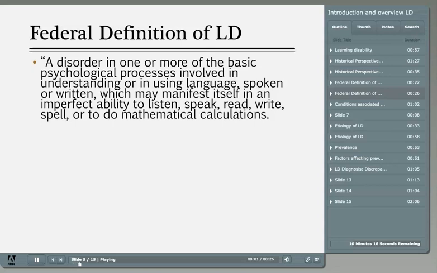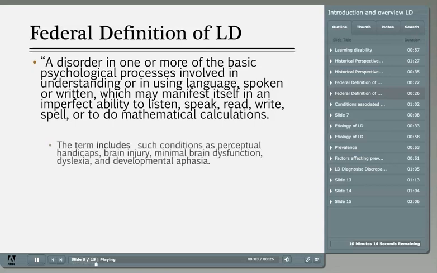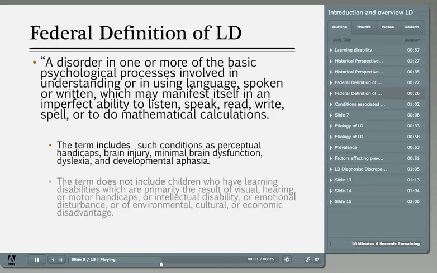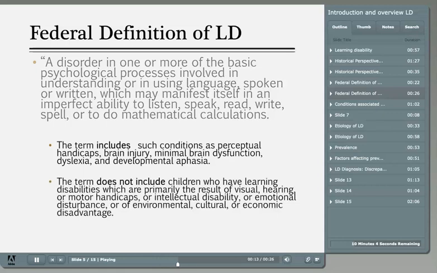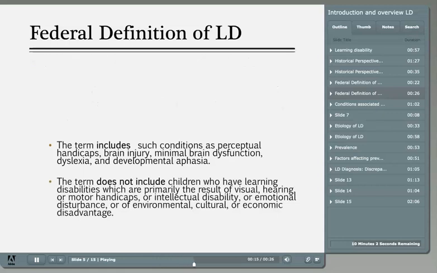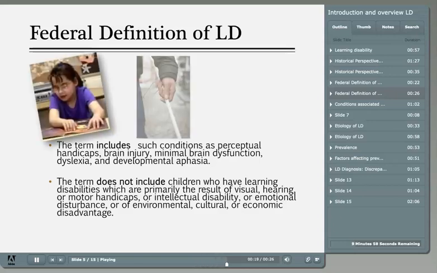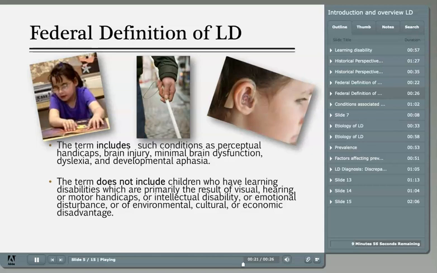The term also includes such conditions as perceptual handicaps, brain injury, minimal brain dysfunction, dyslexia, and developmental aphasia. The term does not include children who have learning disabilities, which are primarily the result of visual, hearing, or motor handicaps, or intellectual disability or emotional disturbance, or of environmental, cultural, or economic disadvantage.